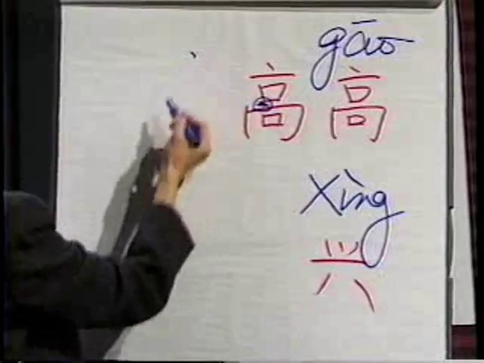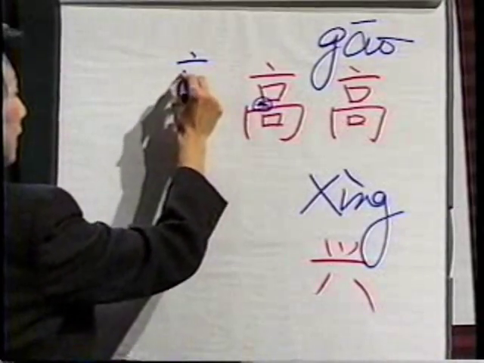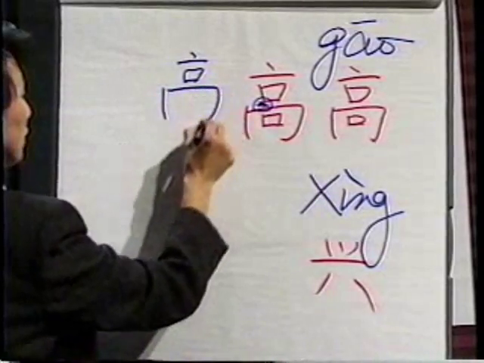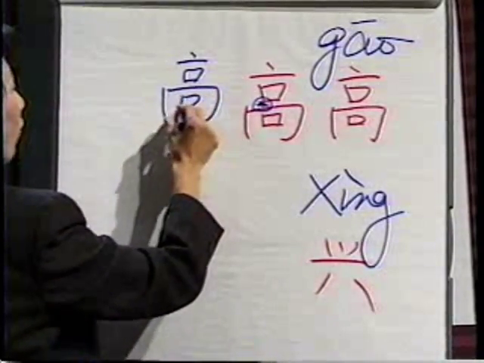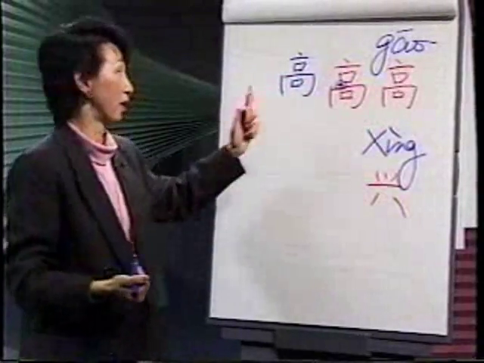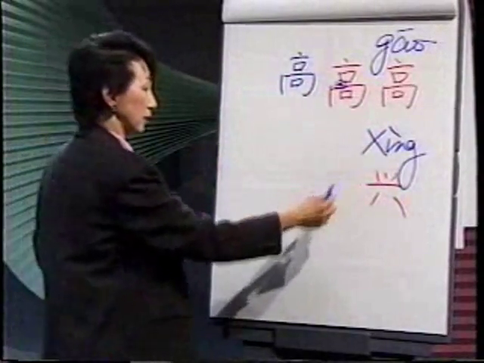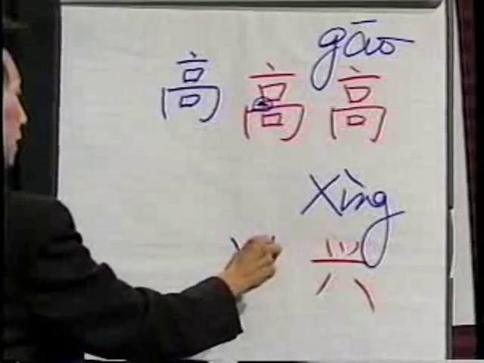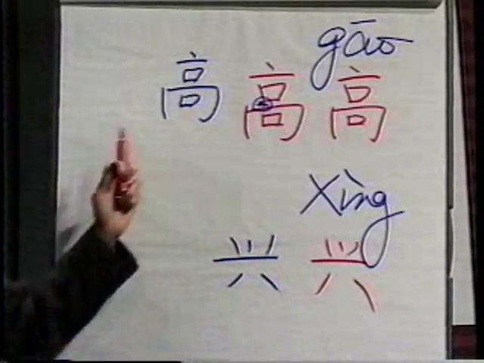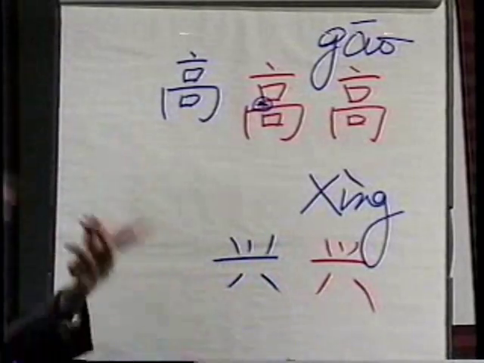Let's do it again. 1, 2, 3, 4, 5, 6, 7, 8, 9, 10. Wow! I'm glad I did a good job. 高兴, 兴, 1, 2, 3, 4, 5, 6. Isn't that nice? 高兴, when you see that, you feel everything stretched out.